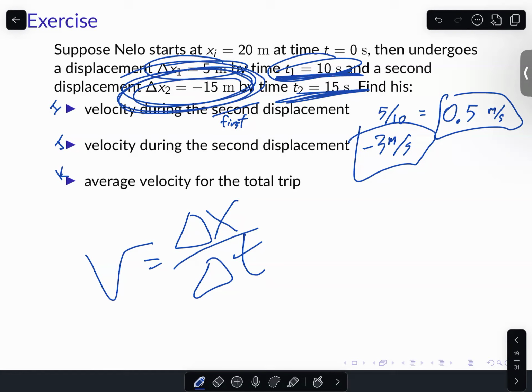Okay, so what does delta x mean? What does it tell you? How your position has changed, your displacement. Vocab word. Know this. If I go a displacement of negative 15 meters, bam, you're done, negative 15. Over what time interval? How has time changed? I'm not starting from t equals 0 now. I started at the end of the first displacement, right?